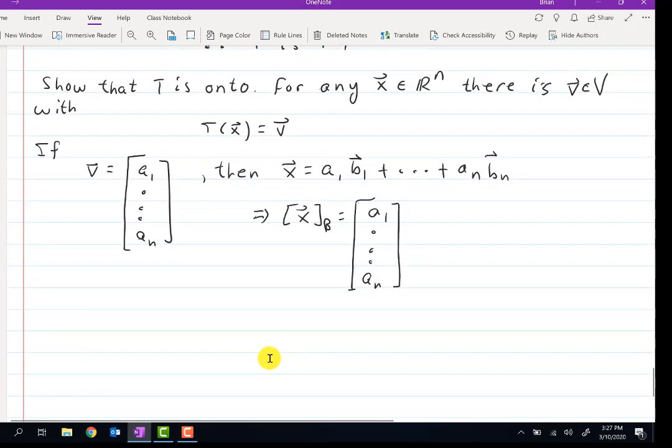So this particular x will be the one I'm looking for. So therefore, T is onto. So we have onto and one-to-one.